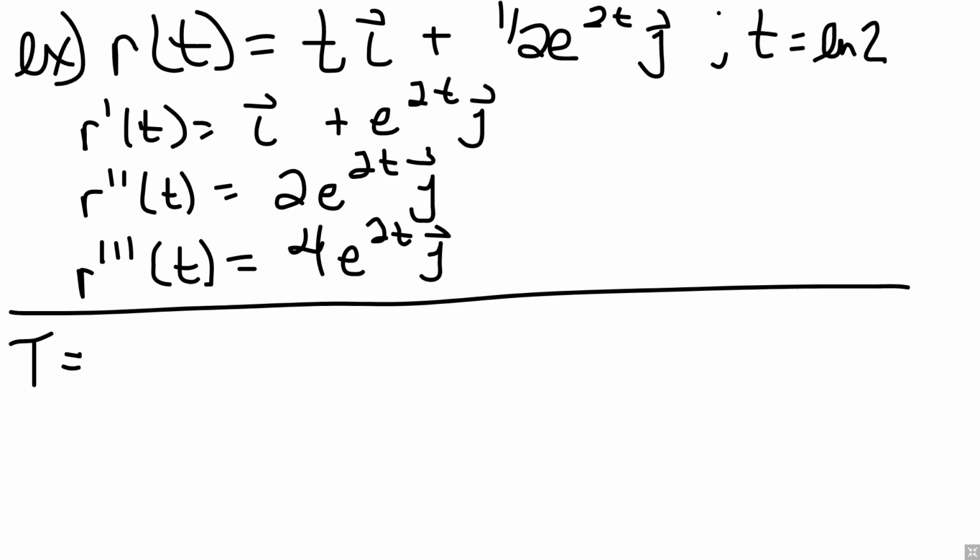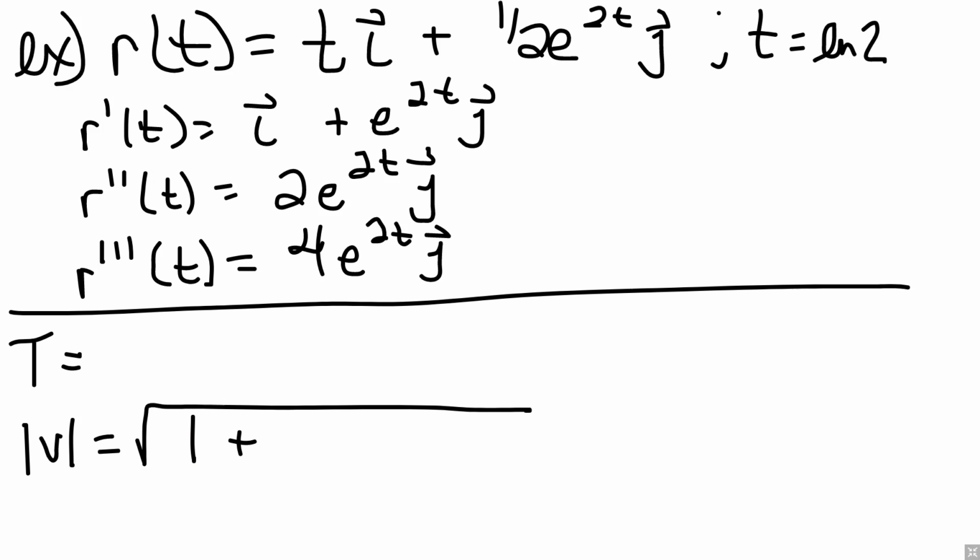For the magnitude of this, we're going to have the square root of 1 plus e to the 4t, and that's the best we're going to get out of that. We do not need the 4th derivative. We only need up to the 3rd as far as torsion is concerned.